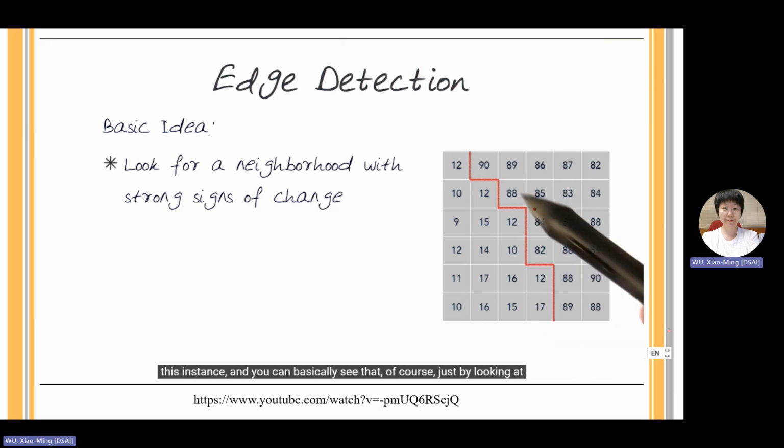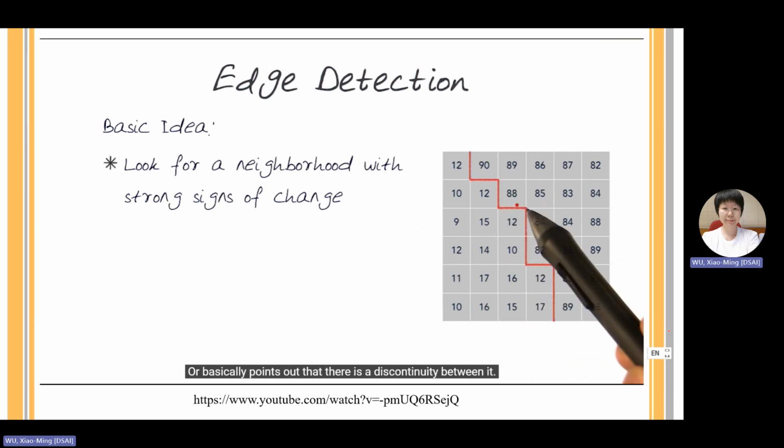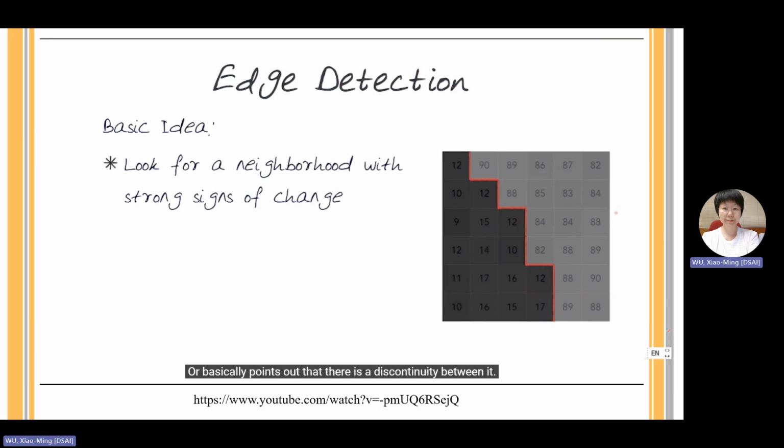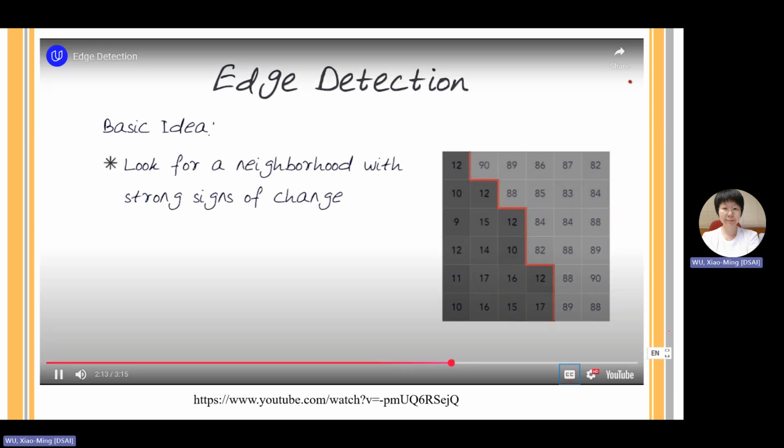Just by looking at discontinuities between different regions, we can create this simple line which separates this part of the image from that one, pointing out that there is a discontinuity between them. Here is another way of looking at it. Now I've just given those gray values, and I can see the edge between the two. It becomes much clearer this way also.